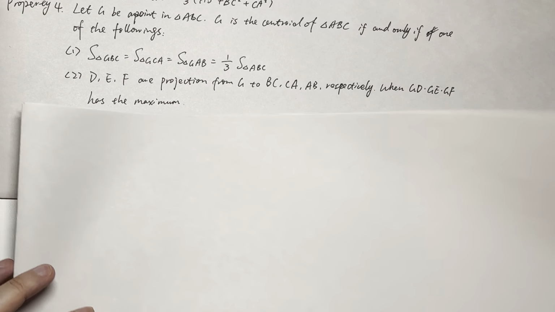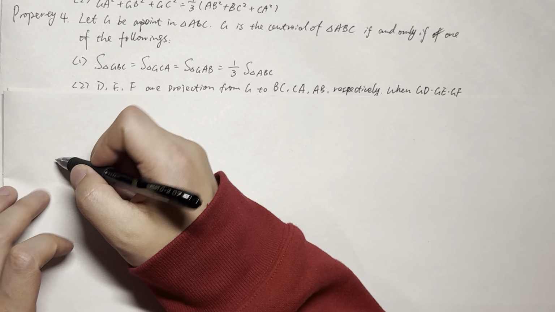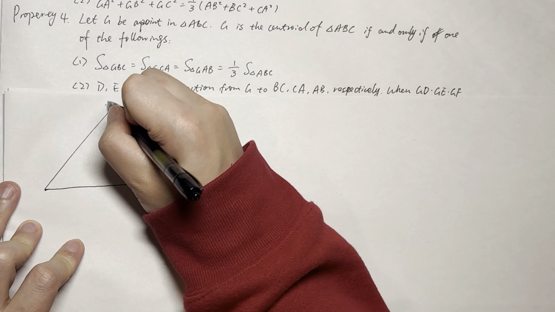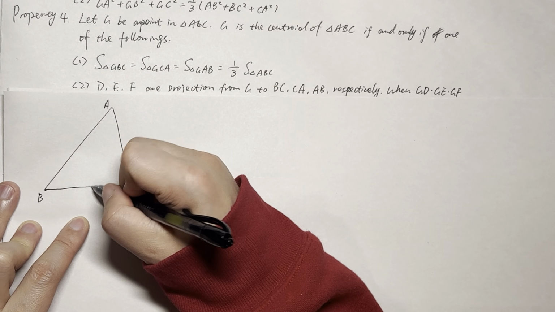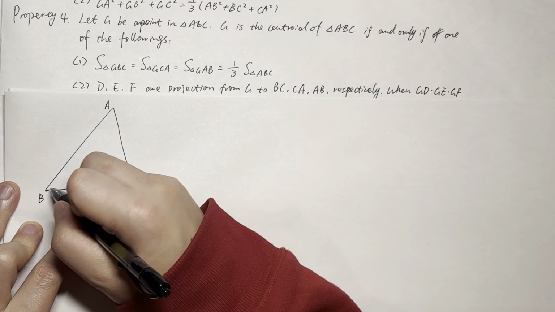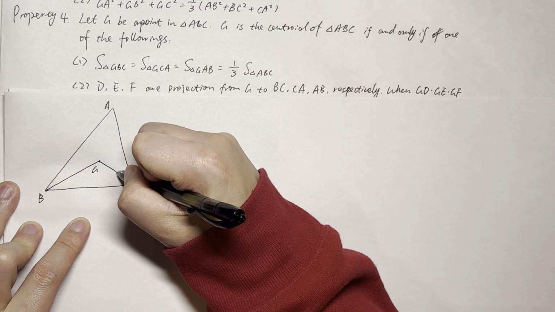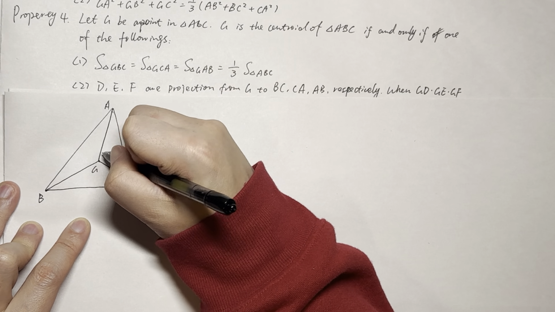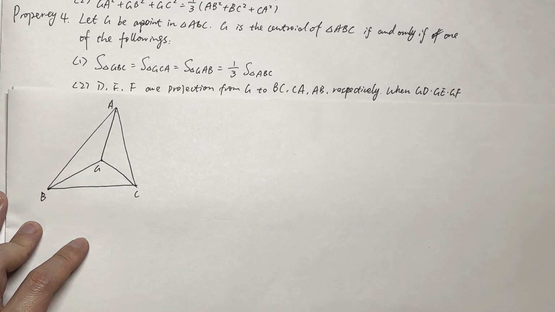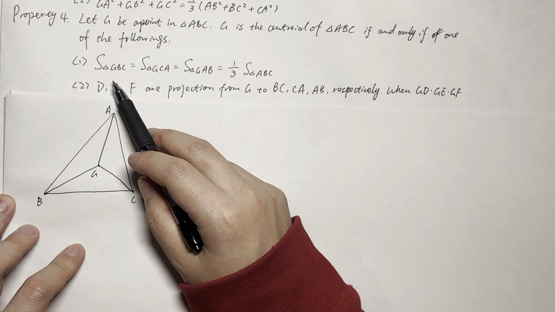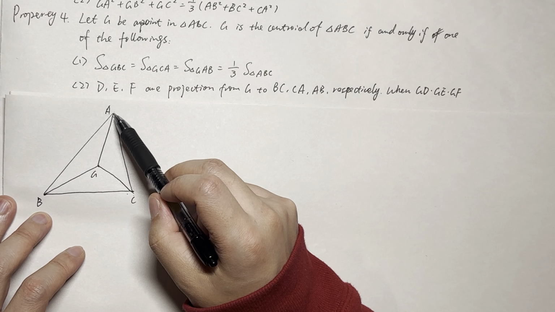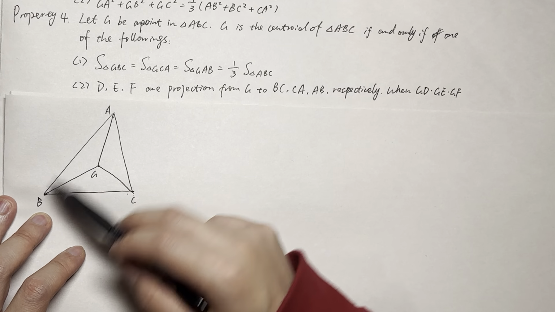The first one, let's just look at it. The area of triangle GBC equals the area of triangle GCA equals the area of triangle GAB equals 1/3 of the area of triangle ABC.